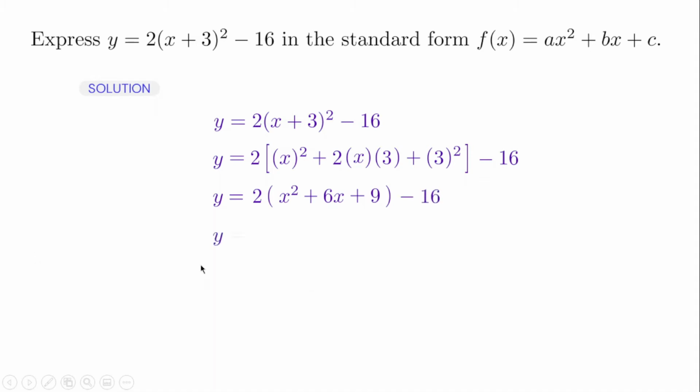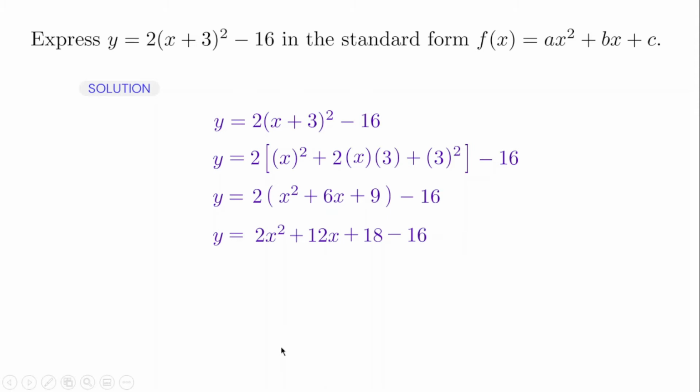So we have y equals 2, so we multiply 2 times x squared plus 6x plus 9. So 2 times x squared is 2x squared. 2 times positive 6x is positive 12x. 2 times 9 is positive 18. And then copy negative 16.